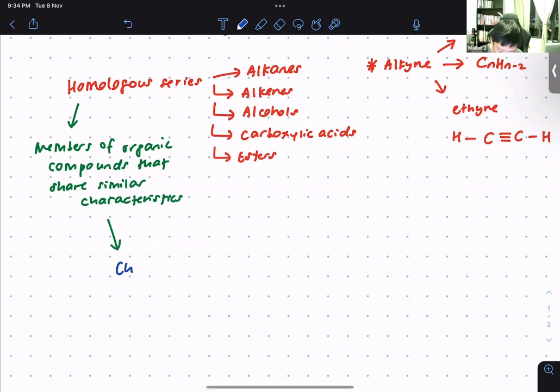Characteristics of members of the same homologous series.